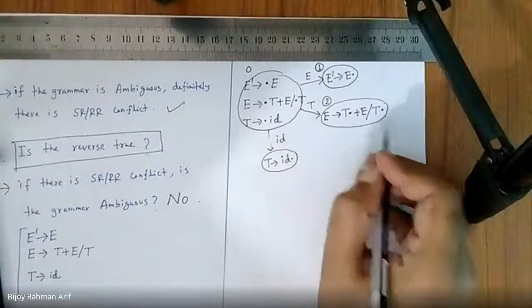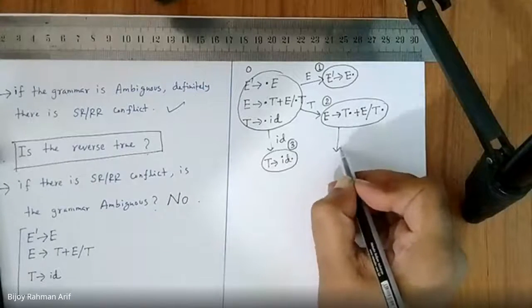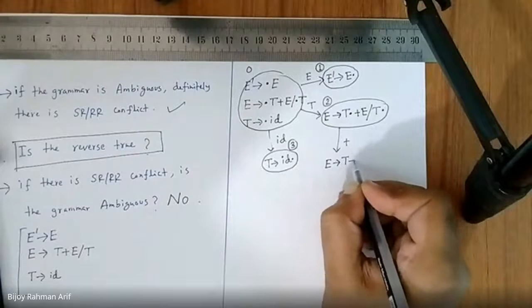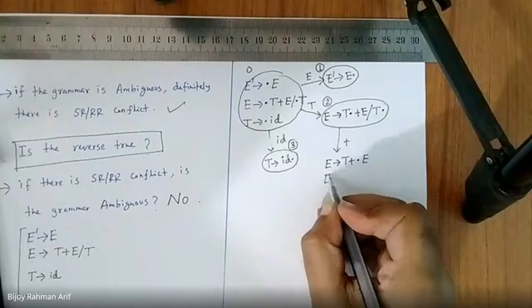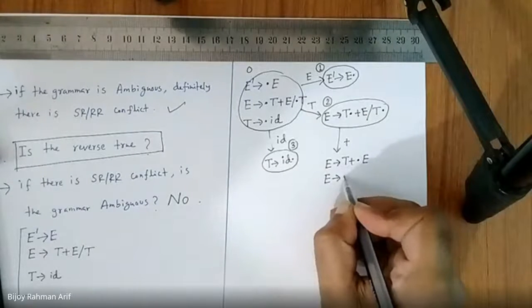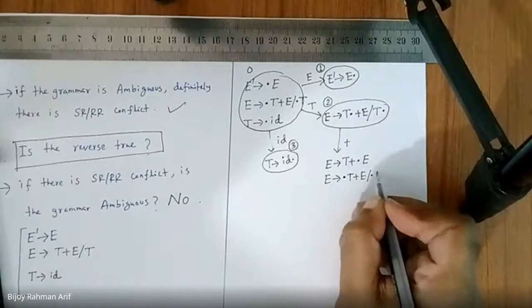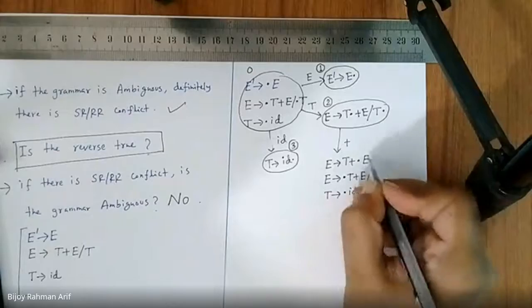There is a final item over here. 3. Now moving on plus, we get T derives T plus dot E. We have to again add E derives dot T plus E, E derives dot T, and T derives dot ID.